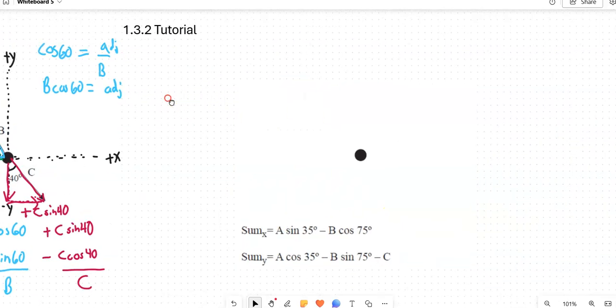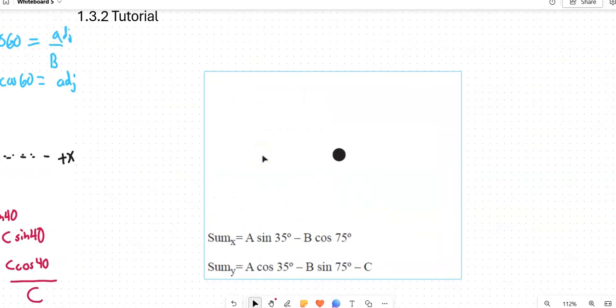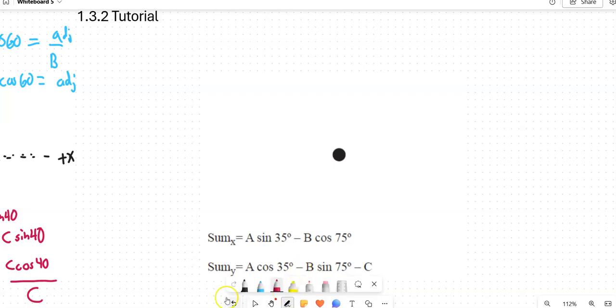Okay? The second page here, now we're supposed to actually create the vectors from this. Okay? So I'm going to show you how to do that. Again, we're going to start off by laying down a coordinate system. And again, there's a lot of ways of doing this. You don't have to always do it my way.